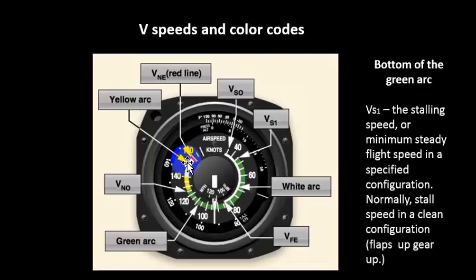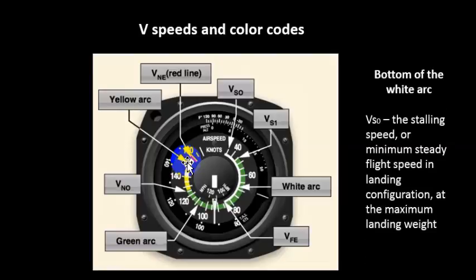The bottom of the white arc, VSO, is the stalling speed or minimum steady flight speed in the landing configuration, with the flaps and gear extended if you have retractable landing gear. If the gear is fixed, your wheels are always in landing configuration, not an issue. This takes into account the landing configuration with flaps extended at maximum landing weight.